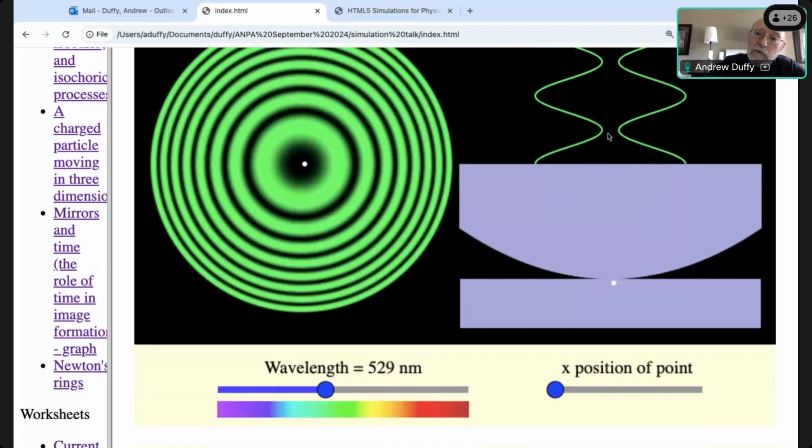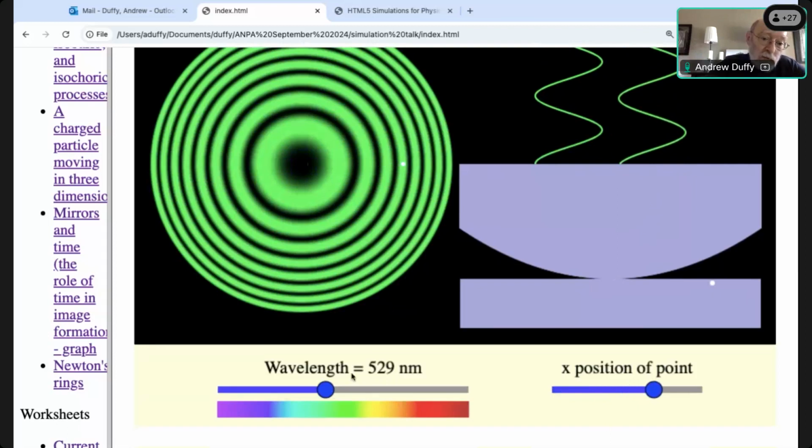It's because you have a peak from one arriving where there's a trough from the other, and they just cancel each other out. Okay, but let's try a different point, right? Let's throw it over here, and here we'll put it at this place, which is constructive interference. You see a nice bright green line here, and you see a peak from one arriving at a peak from the other, so they are constructively interfering with each other.